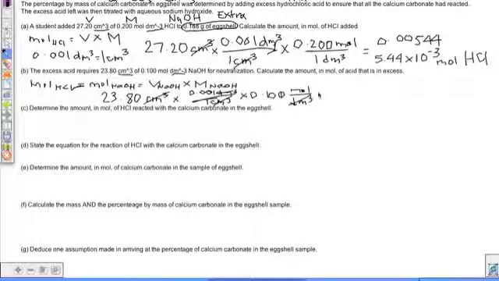My largest number of significant figures is 3, so I'm going to make sure I use that for my final answer, and I get 0.00238, which again, the significant figures are just these 3 here, so we can put it into scientific notation. 2.38 times 10 to the negative 3, and that's moles of HCl again.